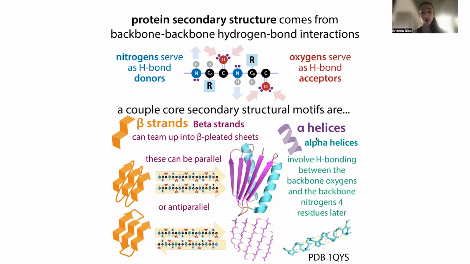We can talk about alpha helices, which are these helical structures, and these involve hydrogen bonding between the backbone oxygens and the backbone nitrogens four residues later. Then we can talk about beta strands, which are these individual strands, and these can team up into beta pleated sheets, kind of like an accordion style.